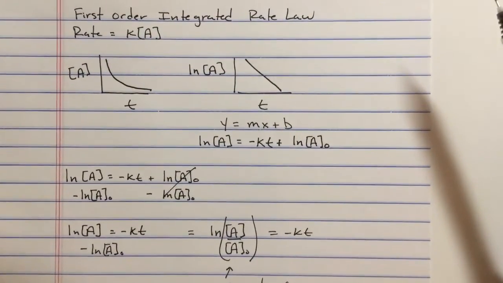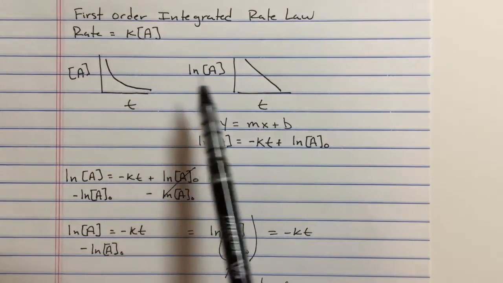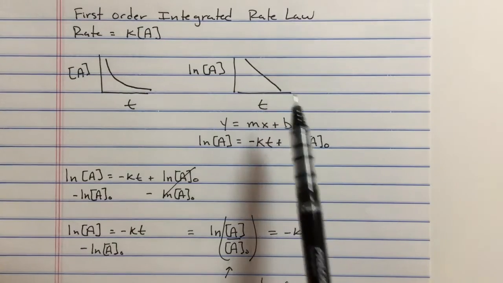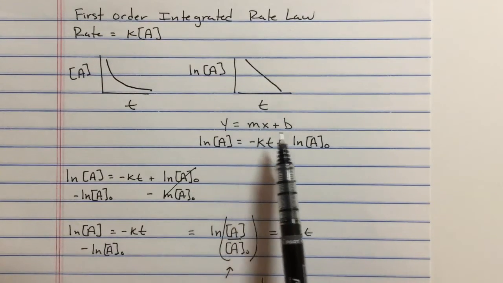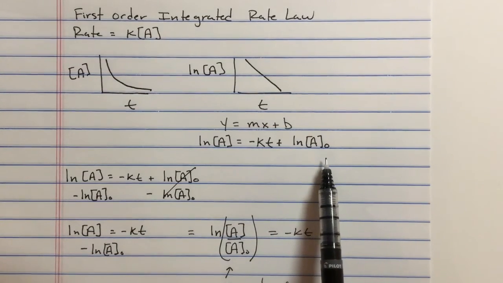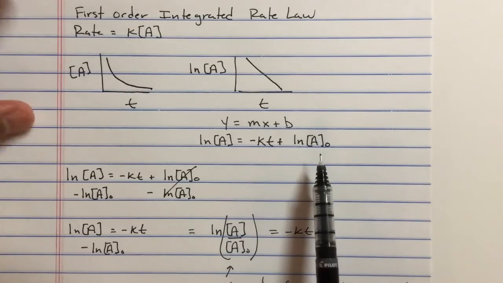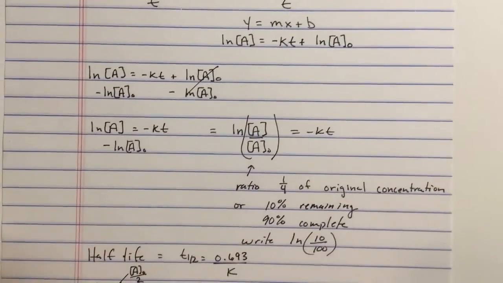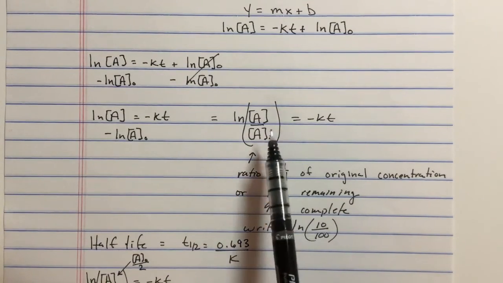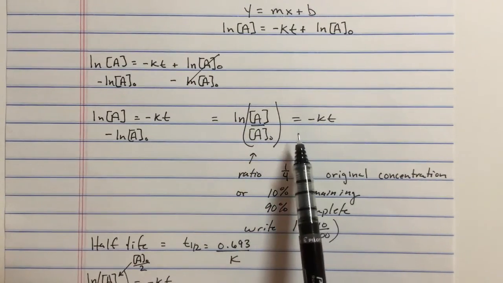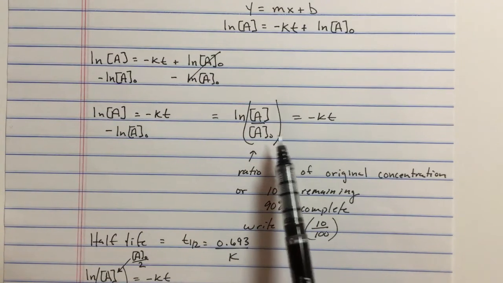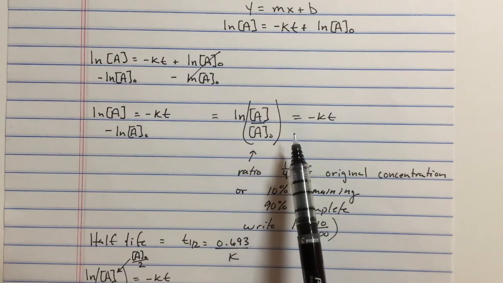So for the first order integrated rate law, if you plot the natural log of A versus t, that will give you a straight line with a negative slope. If we use y equals mx plus b, this is what the integrated rate law would look like. Now we can rewrite this so that we can write the integrated rate law like this instead. And I highly recommend you do this because this is going to be a lot easier, especially when we go over to the nuclear chemistry chapter, because nuclear decay of radioactive material is first order kinetics.